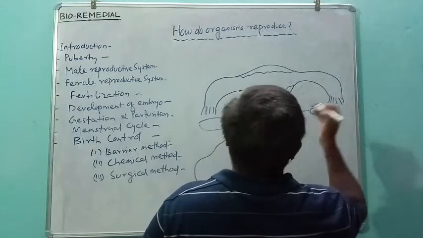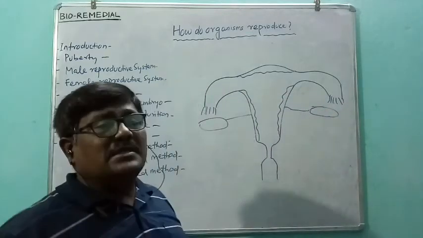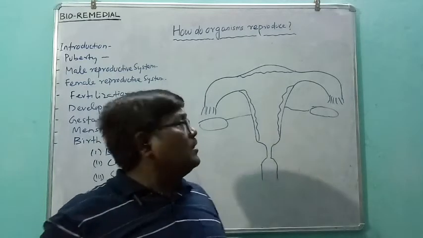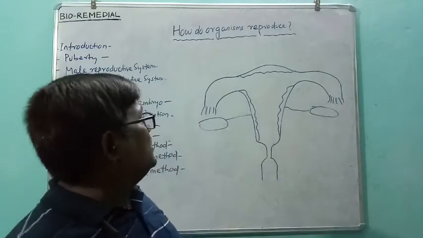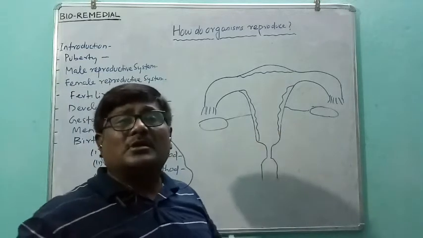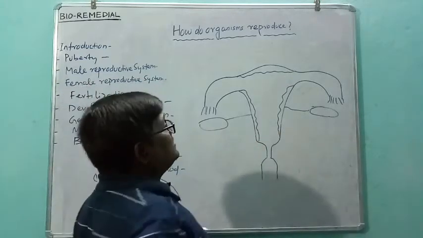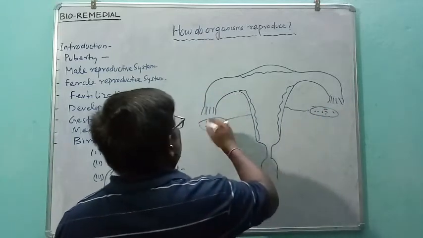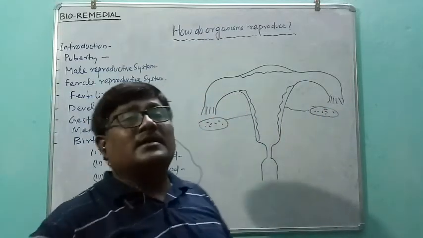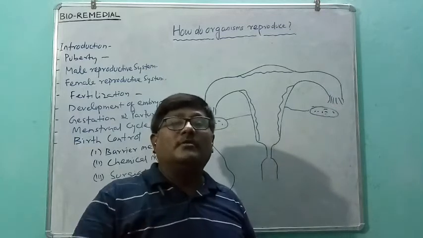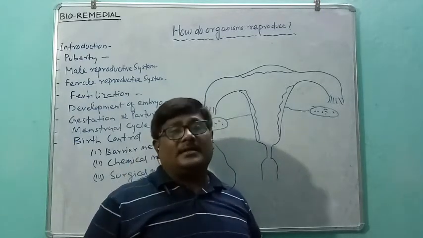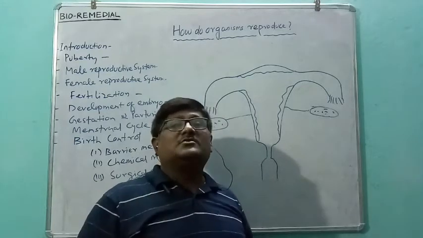There is a pair of ovaries inside the abdominal cavity in the lower abdomen of the female body, attached to the suspensory ligament. Every ovary starts releasing a matured ovum, a matured egg, every month after menarche, the first menstruation.